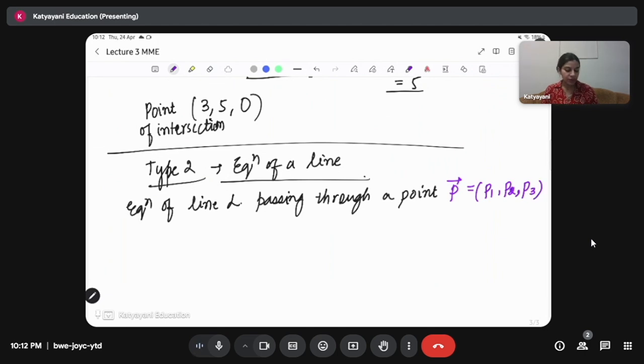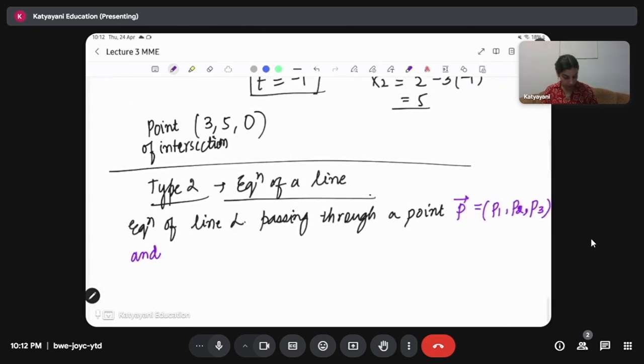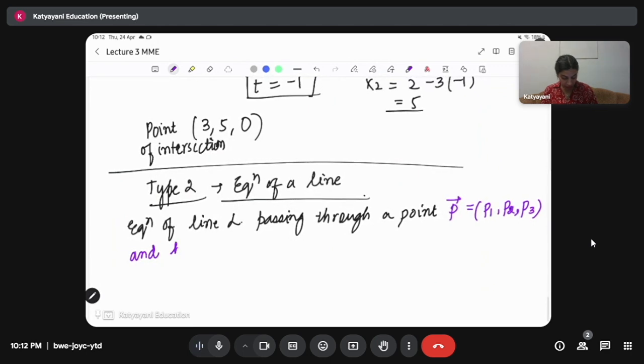So here we are dealing with the R3 plane, right? So passing through a point P and has the direction of vector A, right? Where A is say A1, A2, A3, then what is the equation of that line?